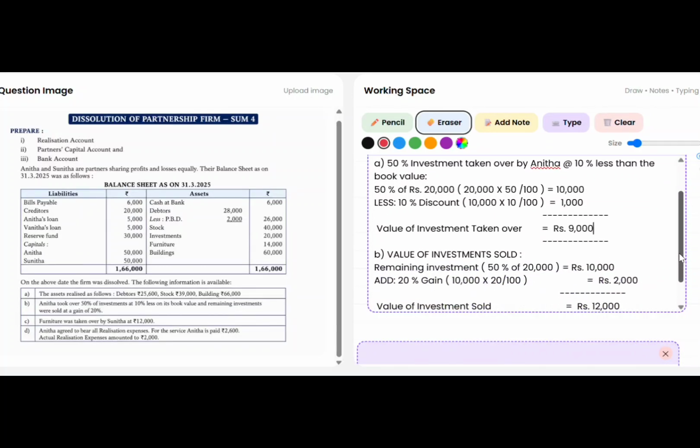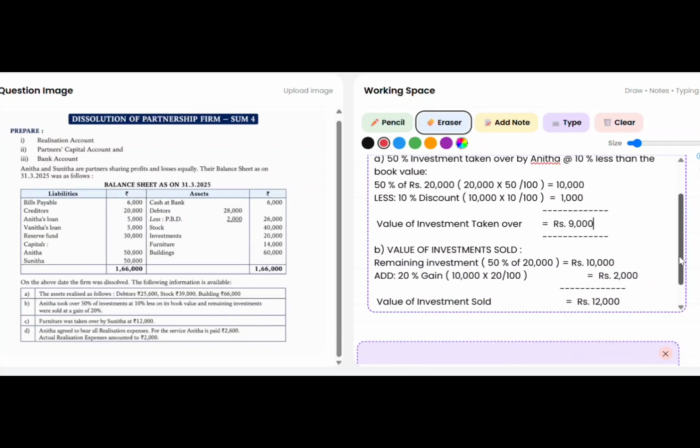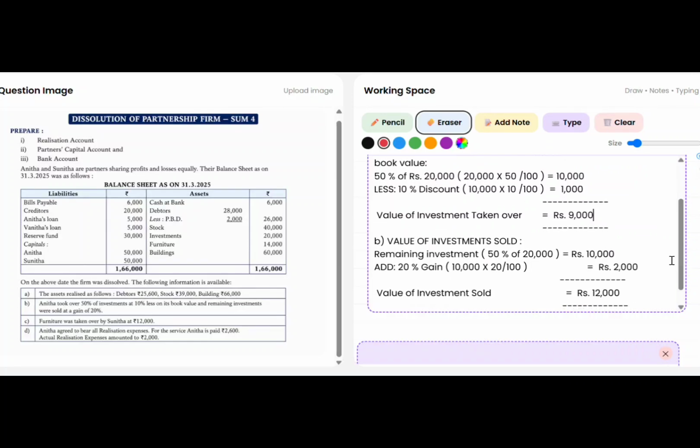Now what happens to the other 50%? The other 50% of the asset is to be sold. Now the value of the investments that are sold is the remaining investment, that is 50% of 20,000, which will be 10,000 rupees. Now here this asset is being sold at 20% more, that is at a gain value.